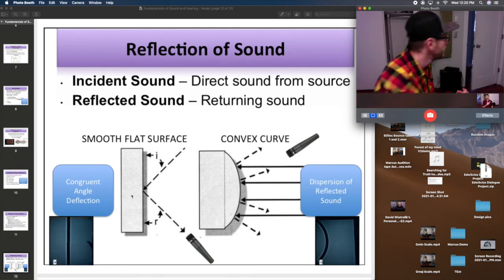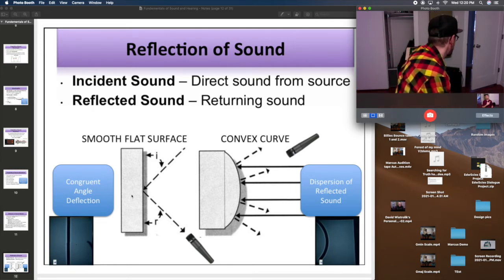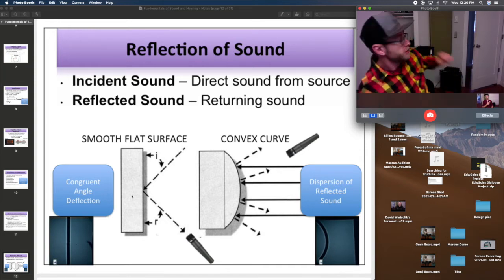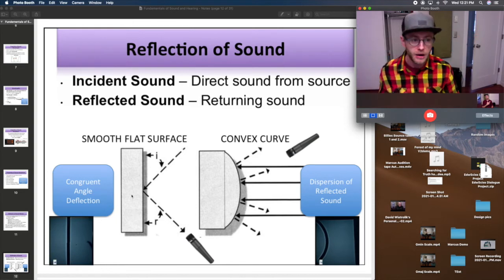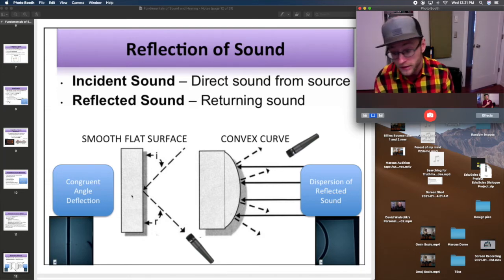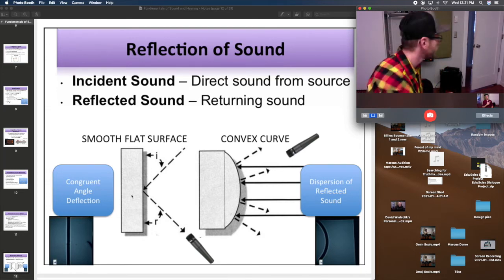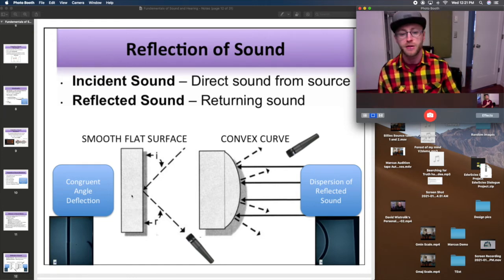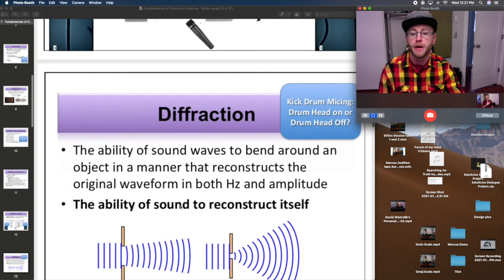Like if I turn around, hey, blah, blah, blah, you're hearing a lot of reflected sound. The sound is hitting that corner of the room, bouncing back, and the microphone sitting in front of me is picking that sound up as it reflects off the wall. That's why it sounds different if I talk here. It sounds different if I talk here, right? That's all because of these physical principles that we're talking about.